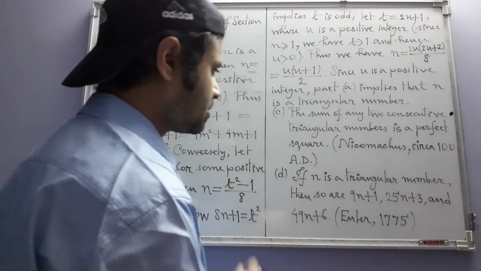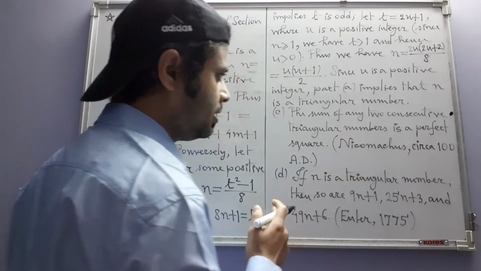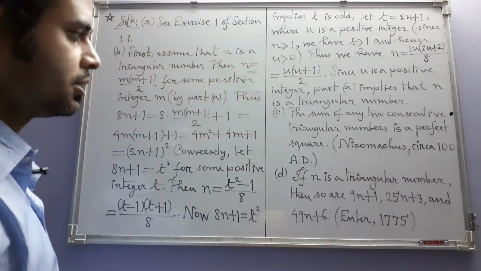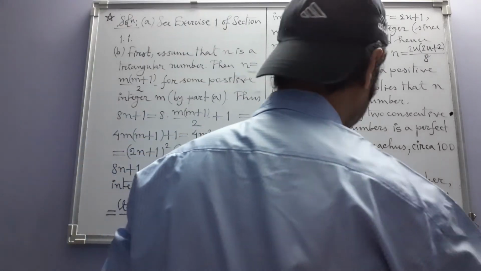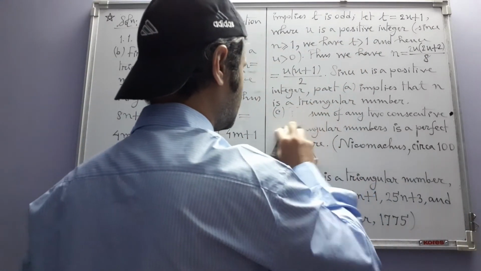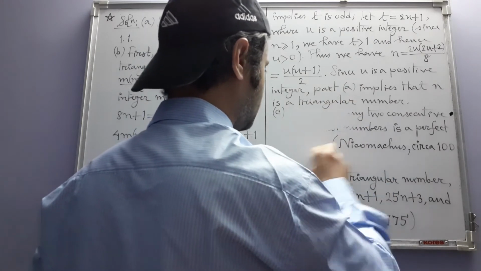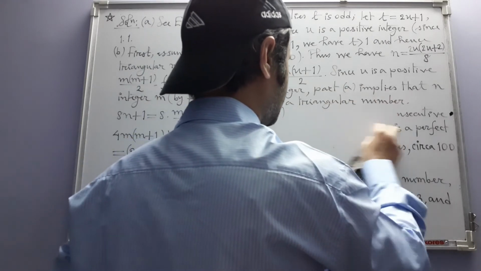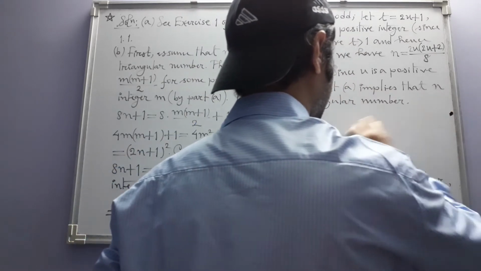Okay, then part C by Nicomachus. The sum of any two consecutive triangular numbers is a perfect square. This is pretty straightforward. We just have to add two consecutive triangular numbers.